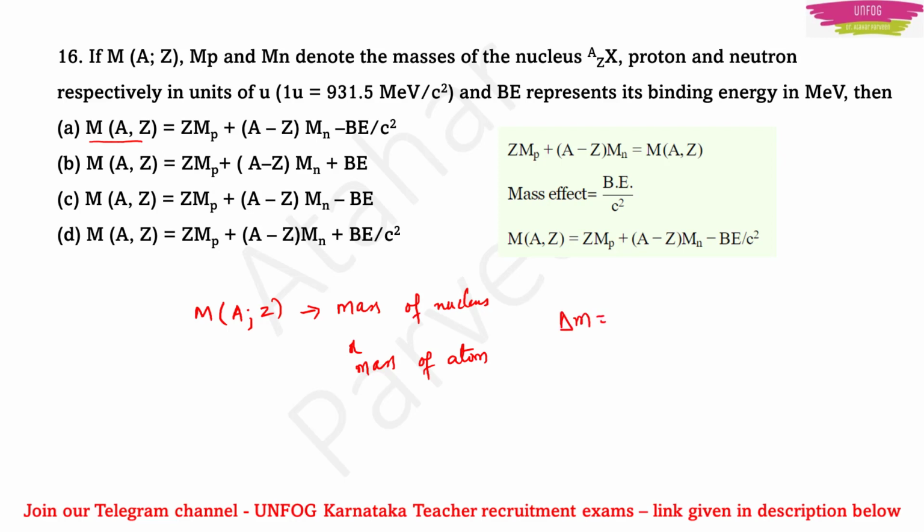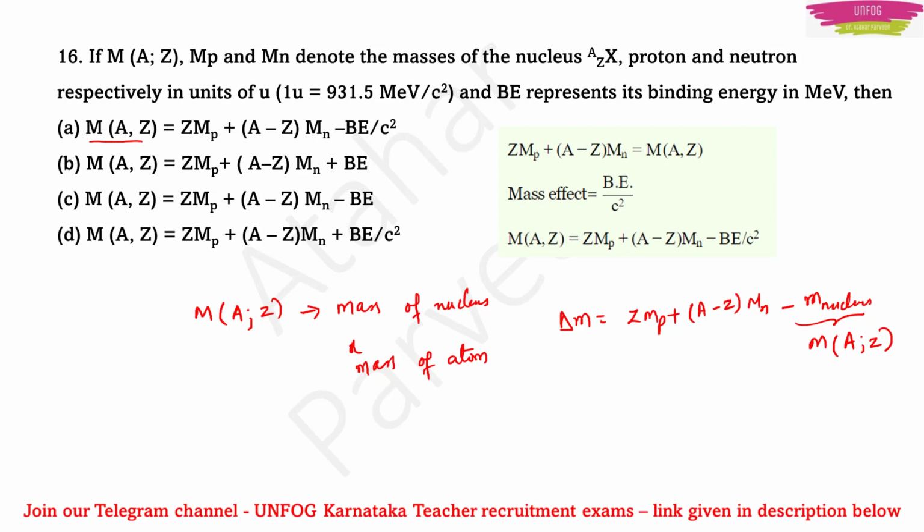mass defect as equal to Z Mp plus (A minus Z) into Mn minus mass of nucleus. So this mass of nucleus you can write it like this also, with mass number and proton number. Okay, so that is the same thing. You don't need to worry with the symbols and all that.